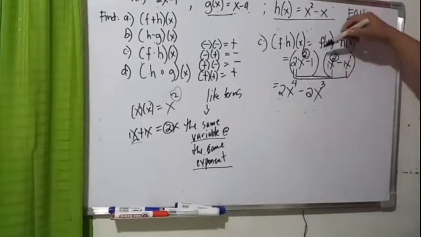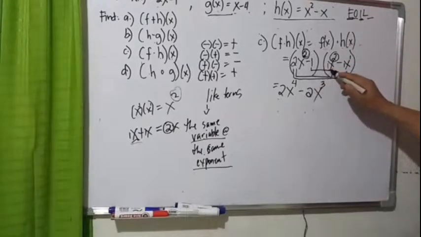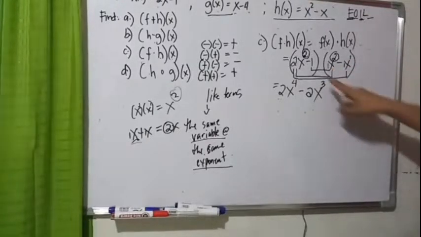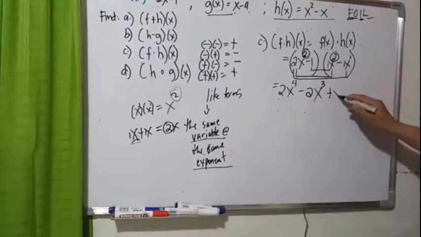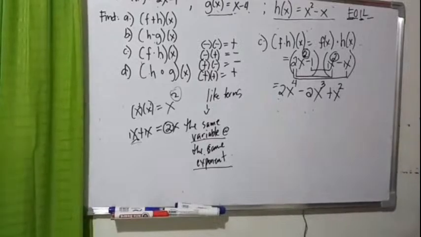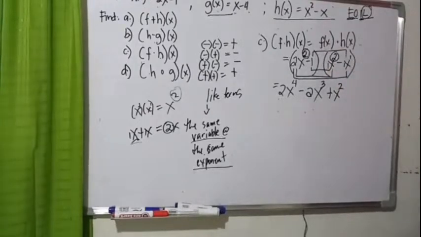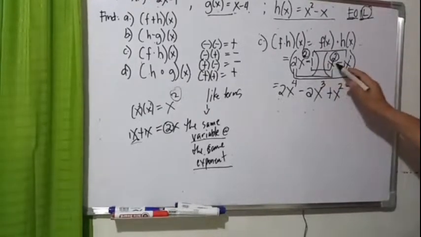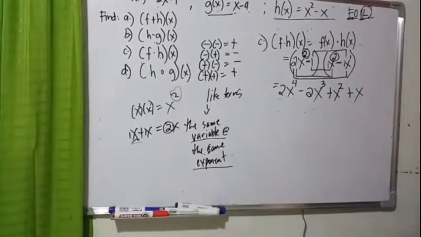Next, ito, inner. So, negative 1 times x squared. So, negative times positive x squared. So, magiging negative x squared. Sorry. Then, last. So, that is negative 1 times negative x. Negative times negative, that is positive x.